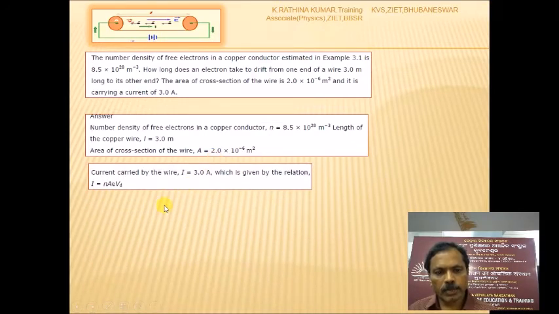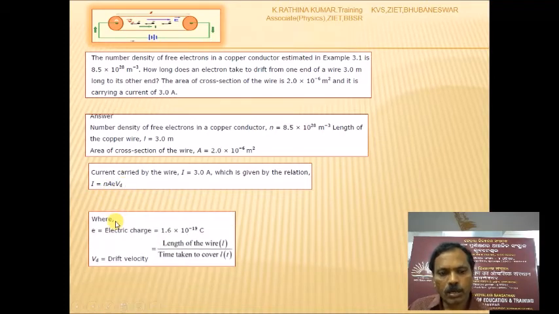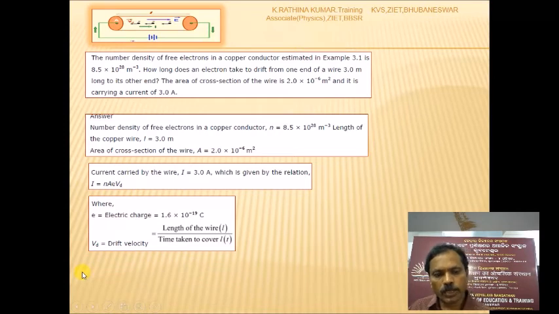The current carried by the wire, I, is equal to 3.0 ampere, which is given by the relation I is equal to n A e v, where n is the number of charge carriers, A is the area of cross section, e is the charge, and v is the drift velocity. On substituting the values, we already know that the electric charge is 1.6 into 10 power minus 19 coulomb.